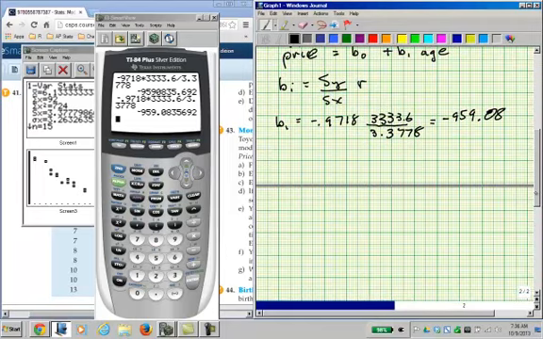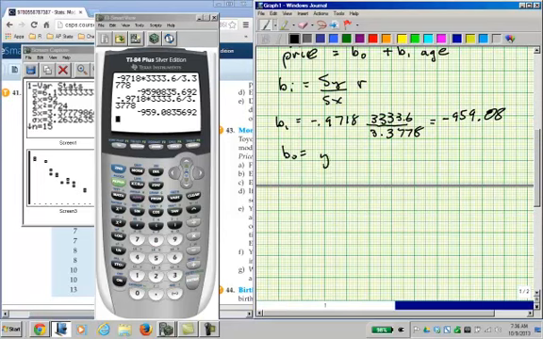Okay, now that's b sub 1. Now our b sub 0 is simply going to equal y bar minus b sub 1 times x bar.